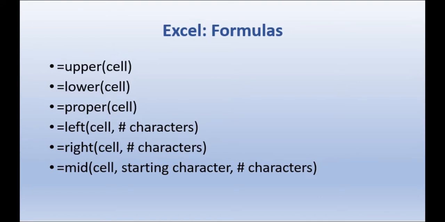Same thing with right and mid. These are really helpful for dates, obviously, but they can be helpful for any types of text columns. You can grab the first name of a pet, or you can grab a county name and move it over to a new column.